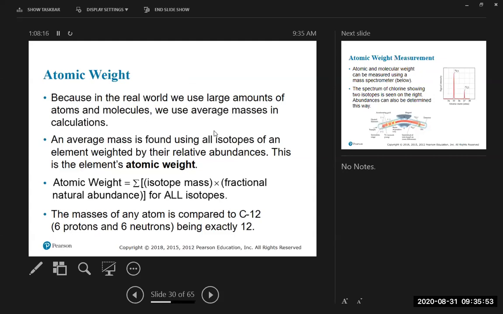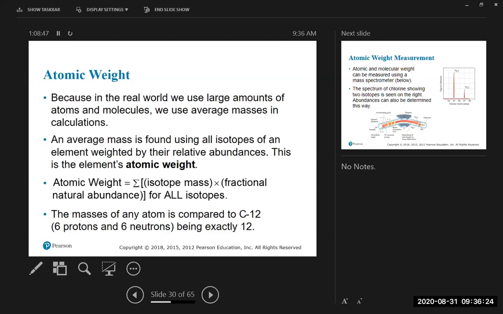So if we think back a moment to our carbon example, we saw that there were 4 different isotopes. So if someone were to ask you, what's the molecular weight of a compound where you've got all of these different atoms in there, and you're going to be adding them up to get that molecular weight, well, which number do you use?